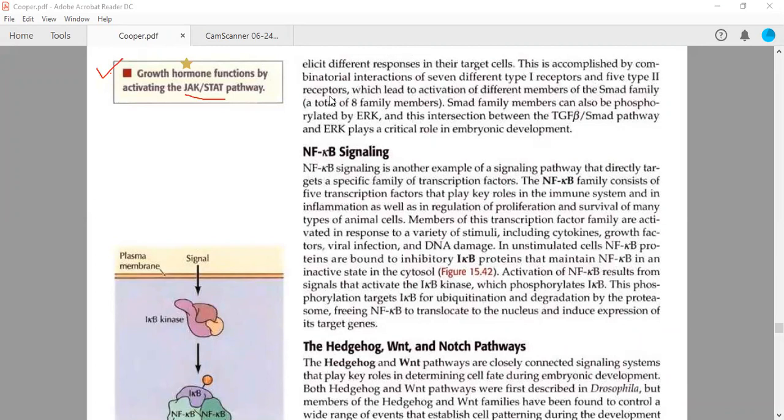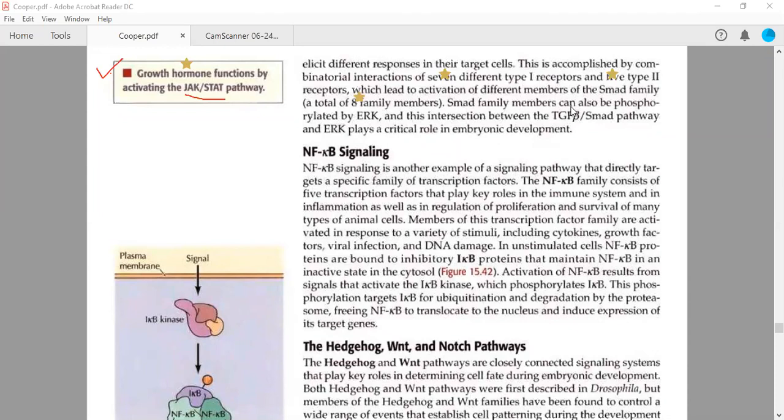So they can form different combinations, because there are already 7 types of type 1 and 5 types of type 2 receptors, which lead to the activation of different members of SMAD proteins, a total of 8 family members. Now these receptors can activate different families of SMAD proteins which are controlling different genes. So there are 8 families of these SMAD proteins already reported in your cells.